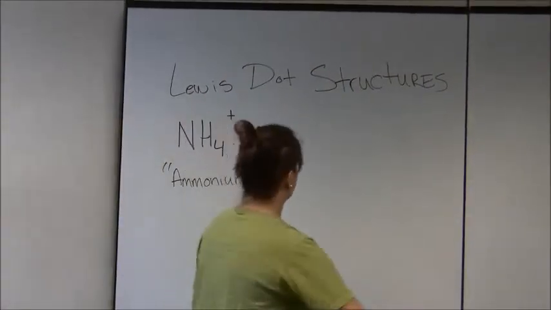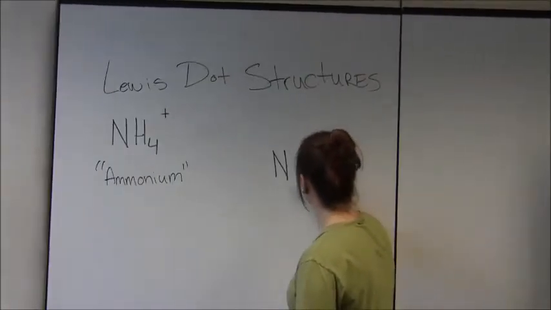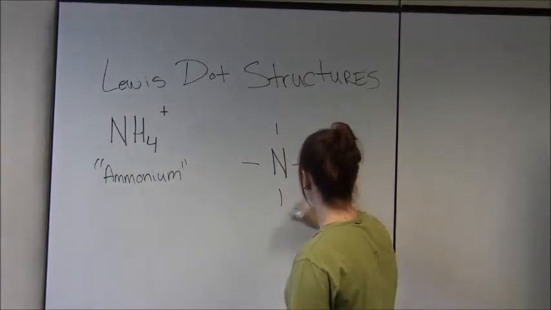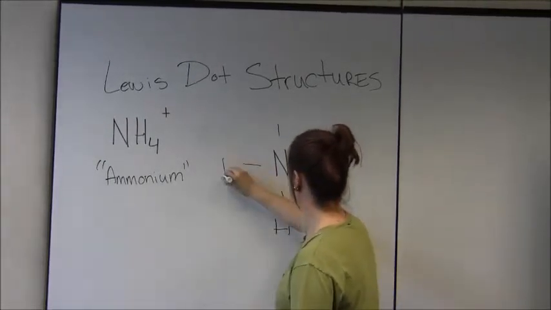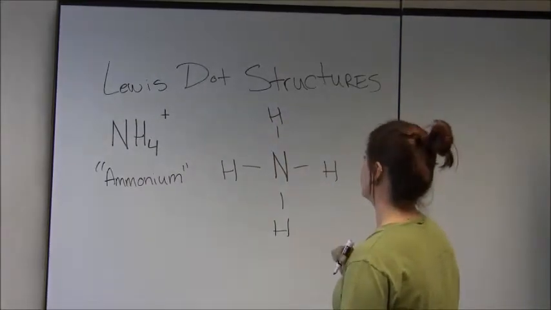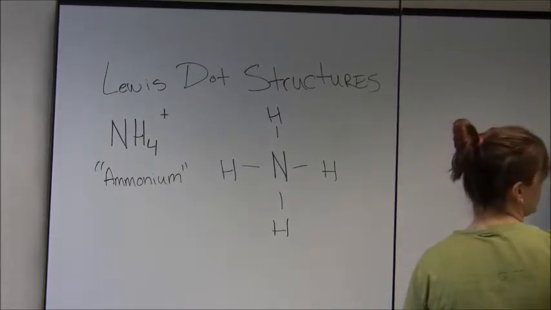To do this, we start out just like we would with anything else. We get our central atom and put 4 H's around it. The first thing you should do, before you rush in like I did, is check the number of valence electrons.